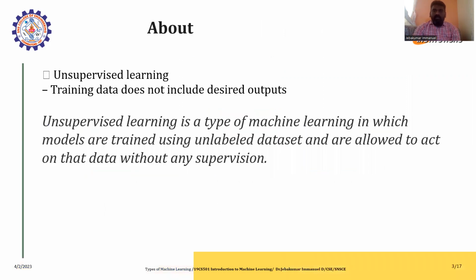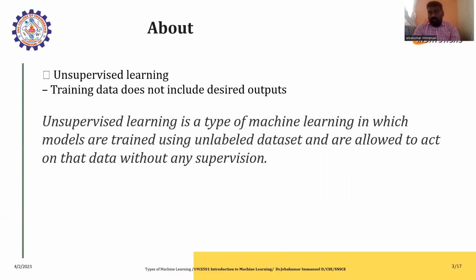What is unsupervised learning? Unsupervised learning focuses on training data that does not include any desired outputs. In the real world, unsupervised learning is a type of machine learning in which models are trained using unlabeled data sets and are allowed to act on the data without any supervision.